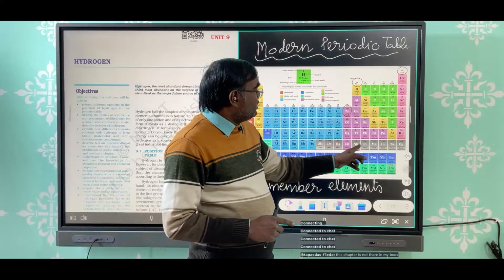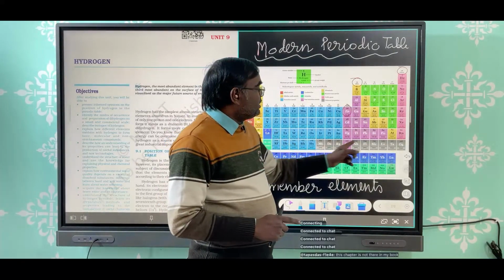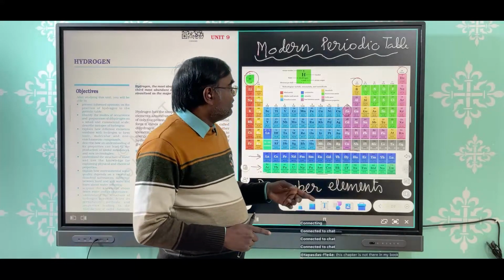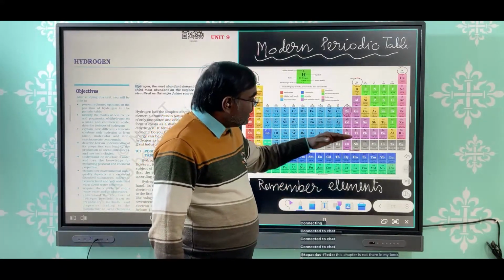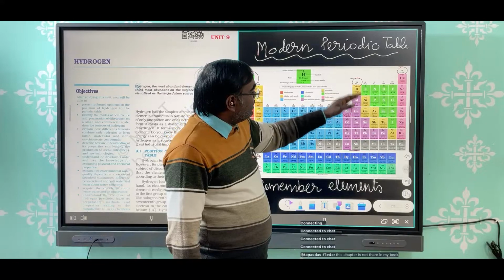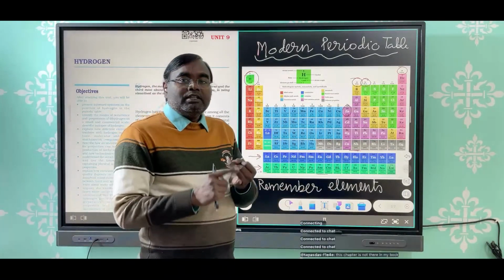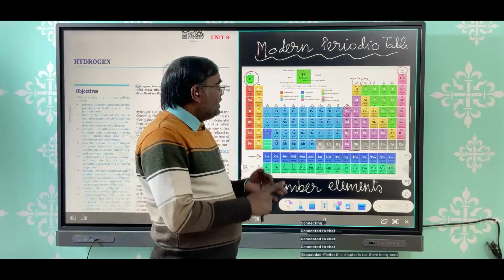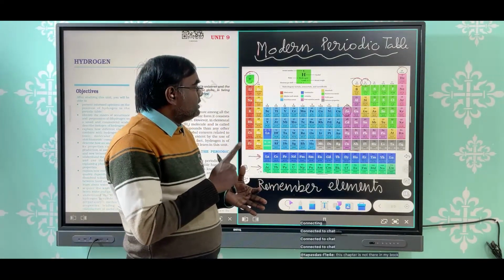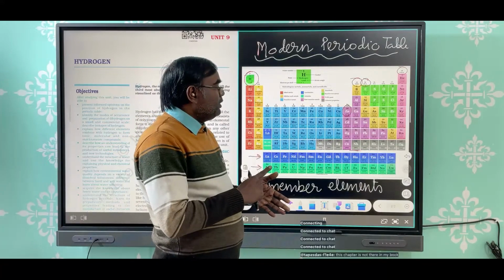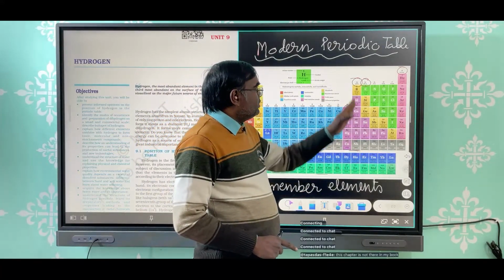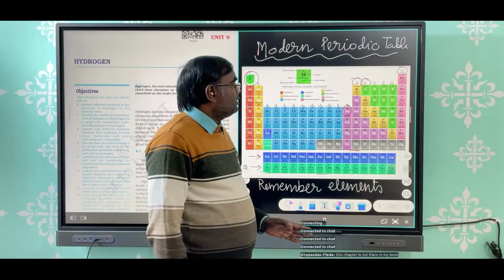These black colored elements are newly identified elements, so newly added elements. So you can remember these valence pairs like carbon, silicon, germanium, stannum, plumbum, and flerovium. These are the fourth valency.